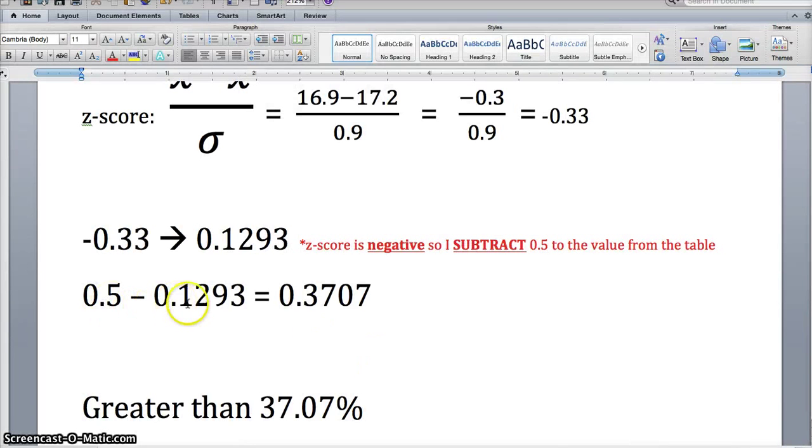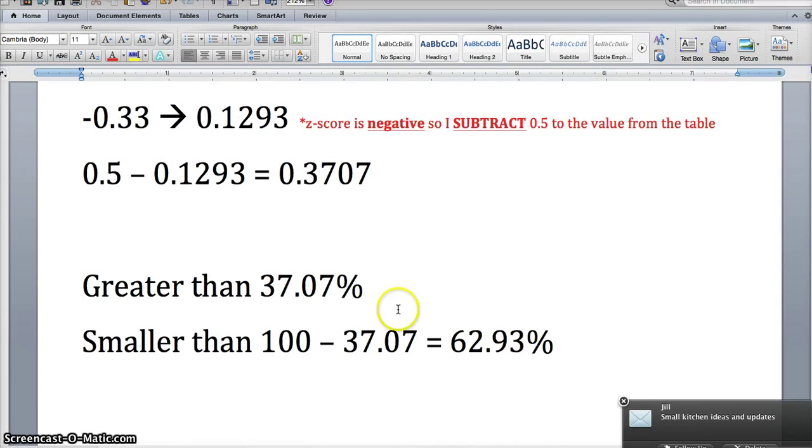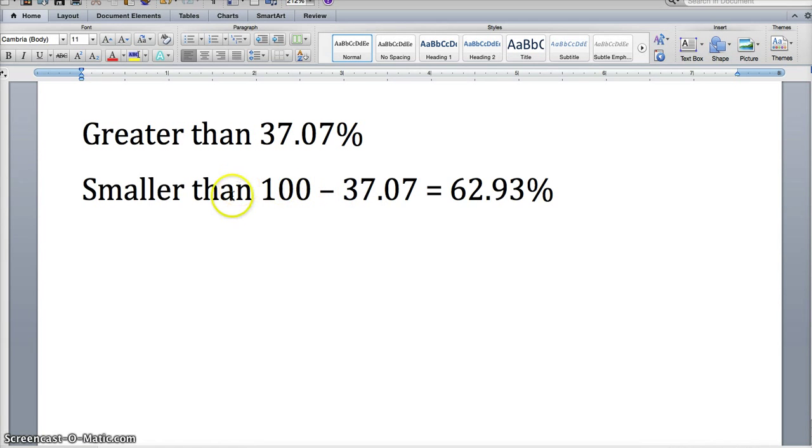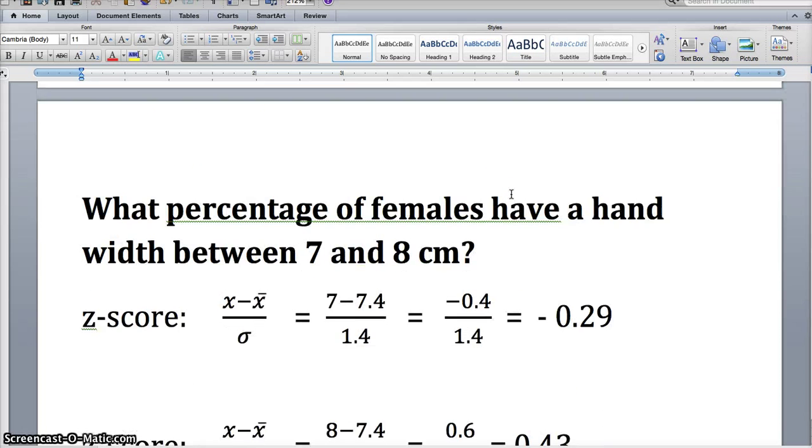So I go 0.5 minus 0.1293, which is 37.07% of the population. So that means that my hand's bigger than that percent, and to find the complement, I would do like 100 minus 37.07. So my hand is smaller than 62.93% of the population.